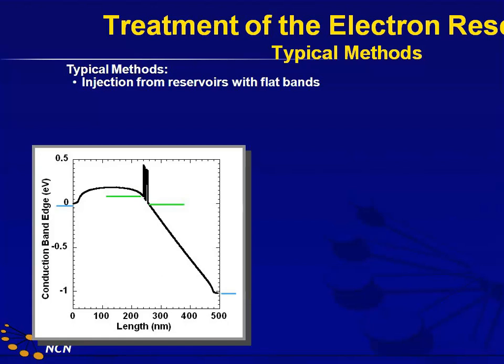So the two choices you pretty much had is you would attach a flat band way out on the left, or you might make a wild guess and attach them somewhere closer to the central device. But those were the choices that were pretty much pursued.